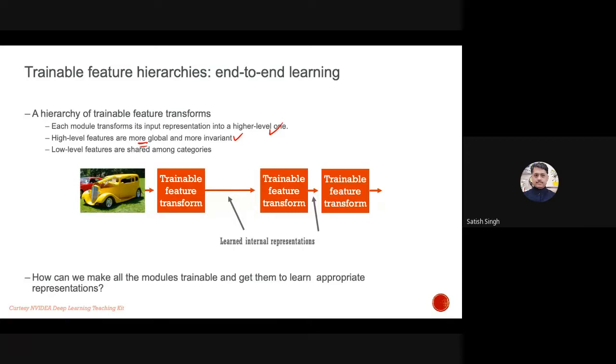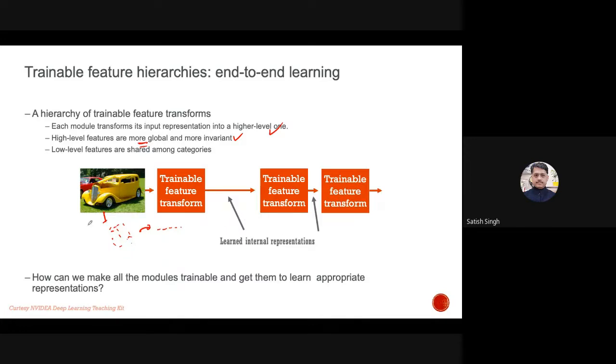Suppose you have an image of a car. If you find the low level features, you'll find the dots, the edges, the lines. If we combine many edges and lines, then slightly higher level features will be formed, and with more and more combination, the highest level features will be formed.